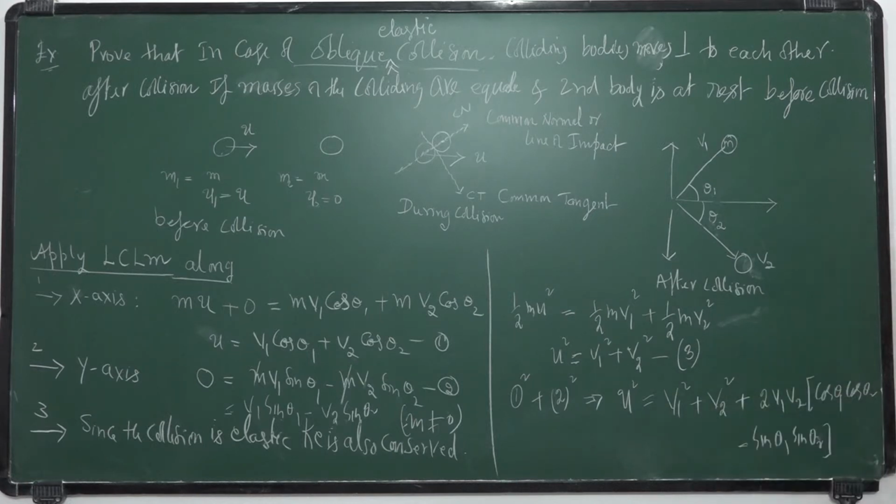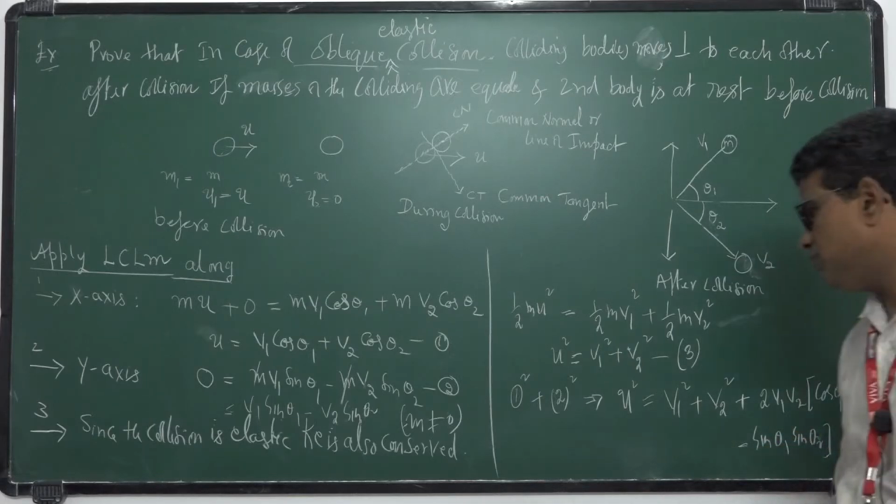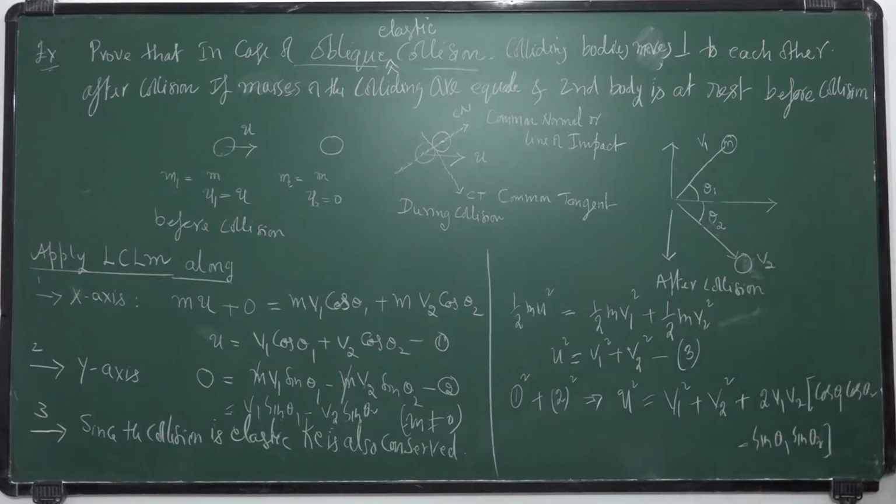So after squaring and adding equations 1 and 2, you will get this. Now, this cos theta 1 cos theta 2 minus sin theta 1 sin theta 2, what do you get? I will write here.